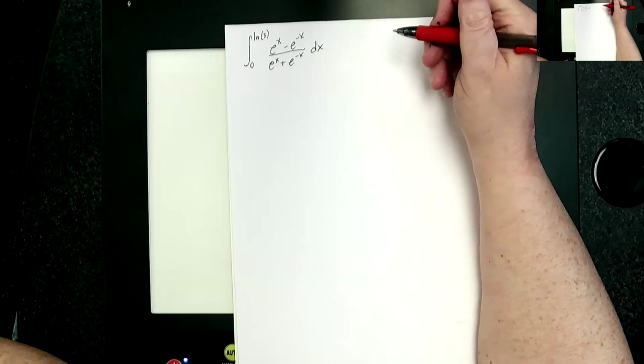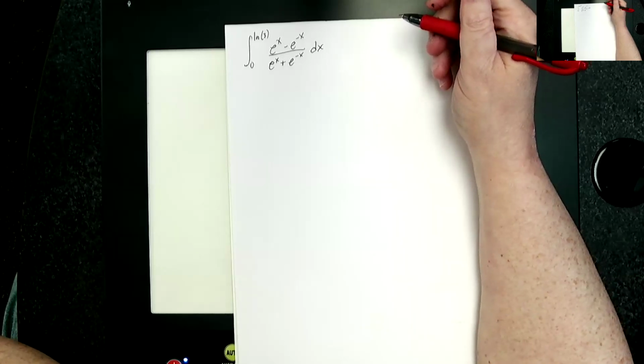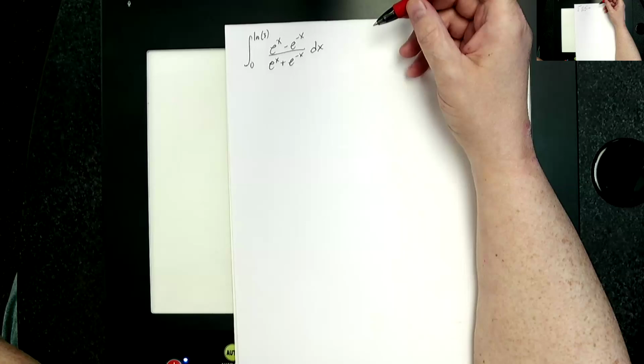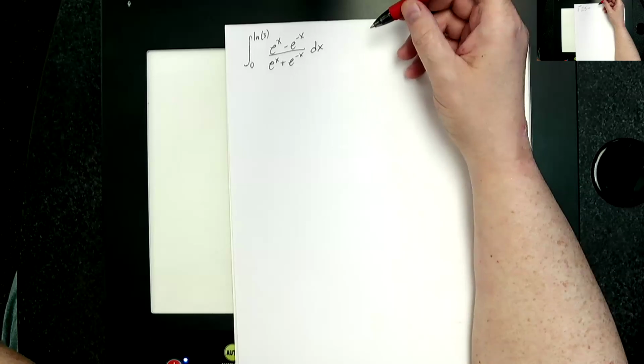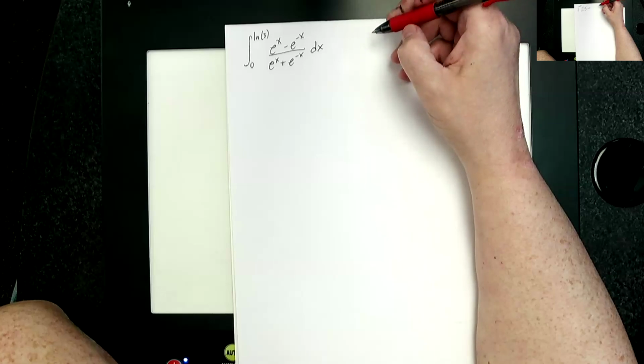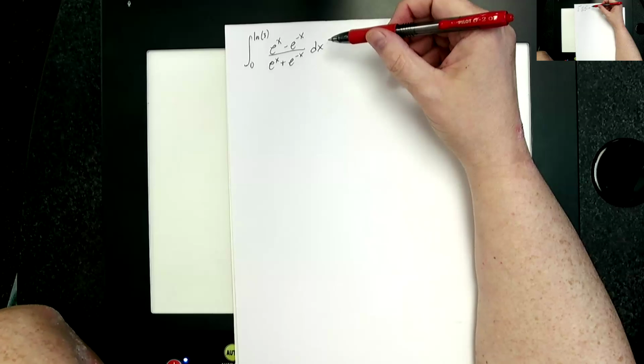Anybody else got another try? That seems like a hard way to go. I just multiplied the bottom, the denominator, trying to get it into just not being a fraction. How did you do that? I multiplied by e to the x plus e to the negative x, basically multiplying by 1, trying to get rid of the fraction.